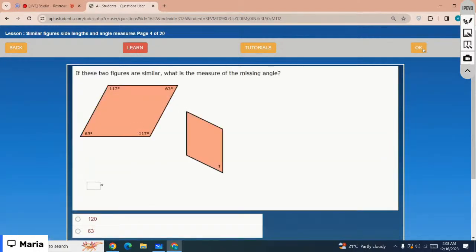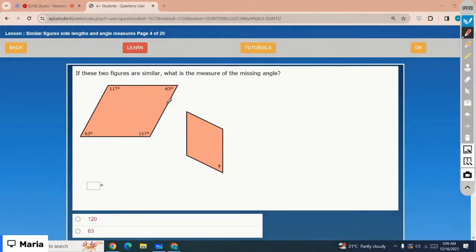If these two shapes are similar, what is the measure of the missing angle? Which is the correct option? Just rotate the small shape so that you can see the corresponding sides, the similar sides. If we flip this, then this one is similar to this one.